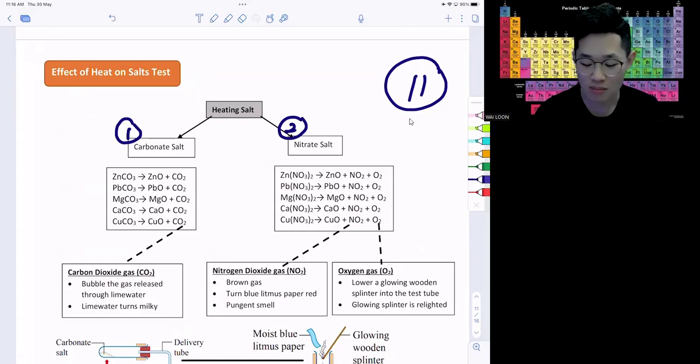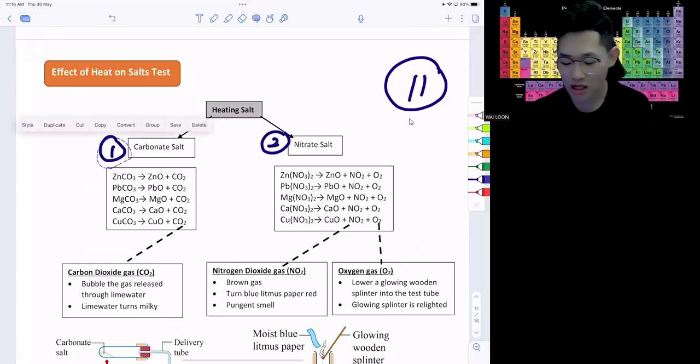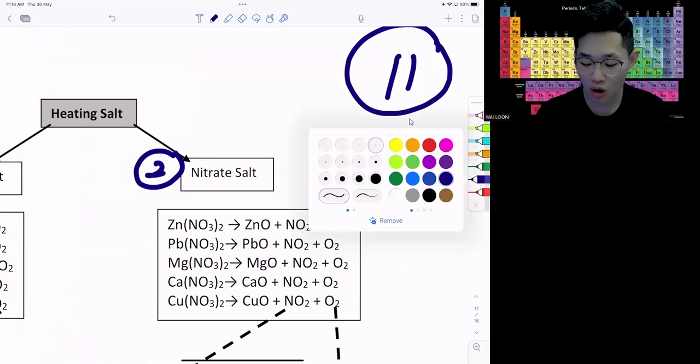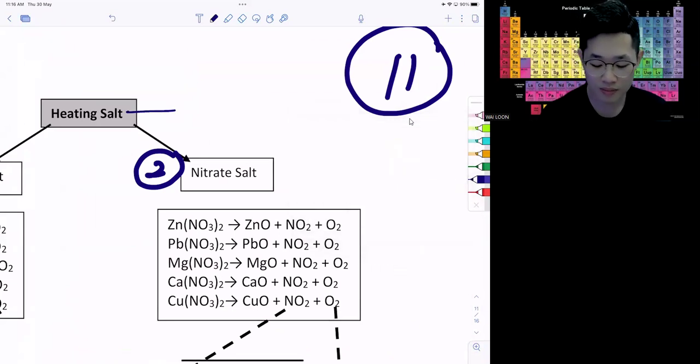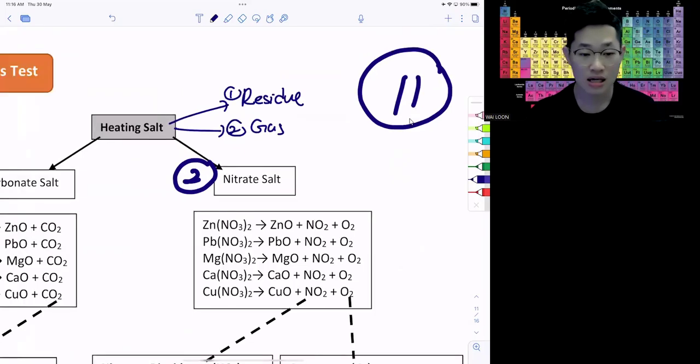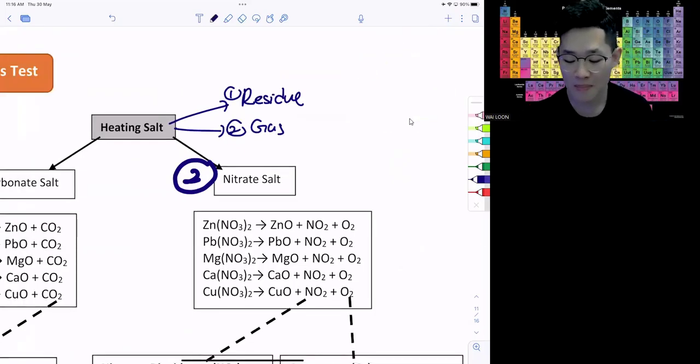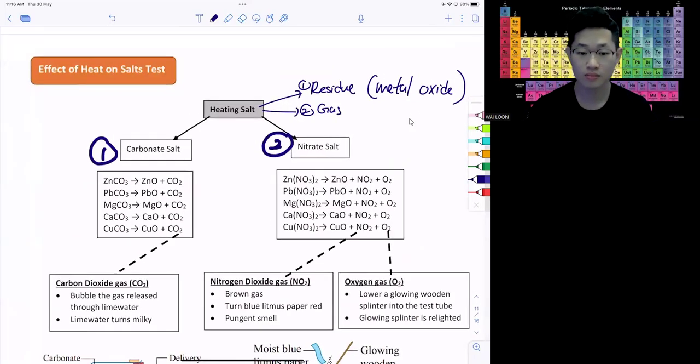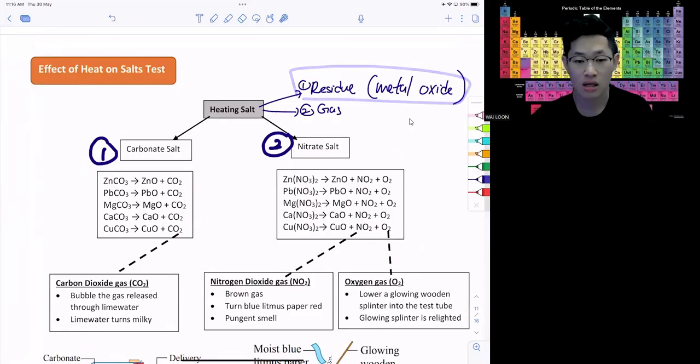When a salt is being heated, please remember, it will always produce a residue and gas. The residue is usually metal oxide. So heating of salt will always get you metal oxide and gas.